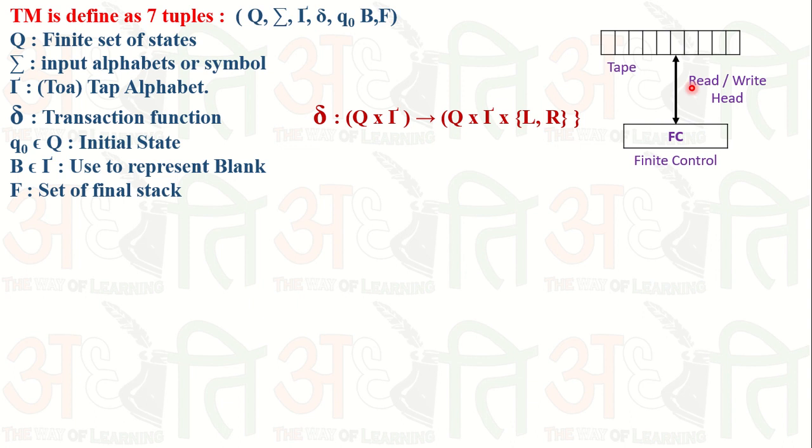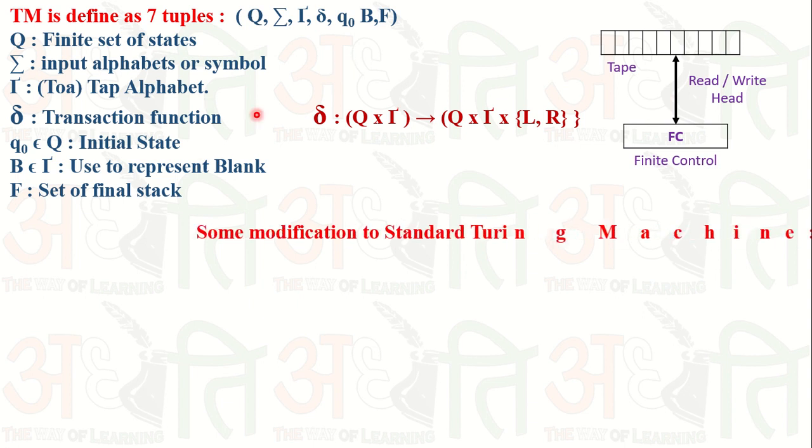The finite control moves the read-write head left or right, and reads or writes data on the tape. We already discussed all of this. Now we make some modifications on the standard Turing machine and get some new types. Let's have a look.